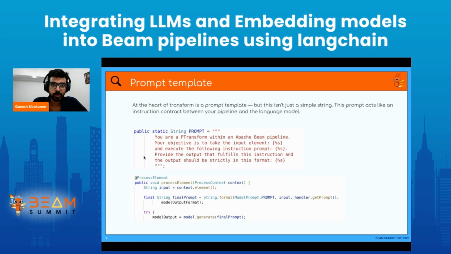So this is the prompt template that I talked about in the last slide. Basically, it provides context to the model, and during runtime, the placeholders would be replaced with the input element, the instruction prompt that the pipeline author has provided, and the output format describing how the model should respond.